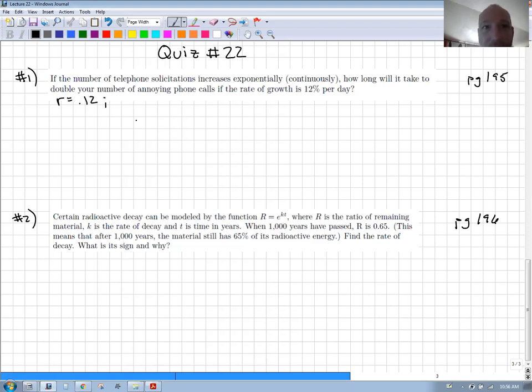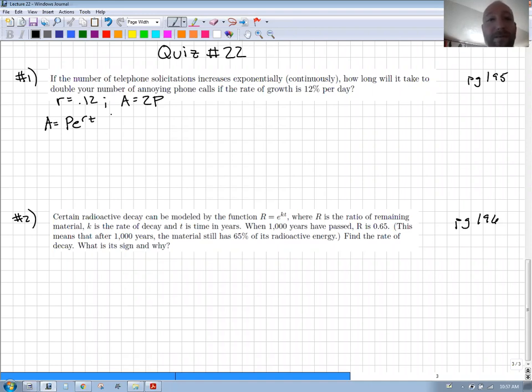So we're doubling the number of annoying phone calls, so that means our amount is twice the principal. So we need to find the time. So we have amount equals P e to the rT.